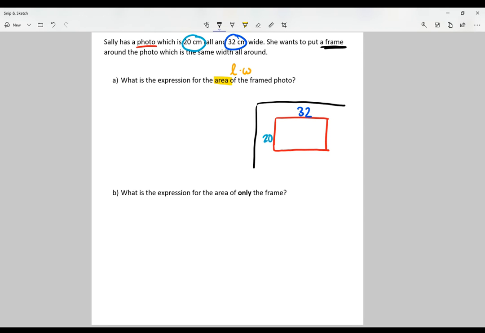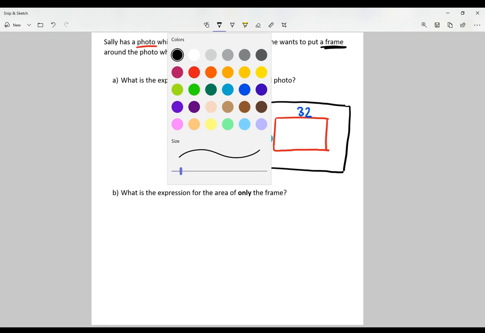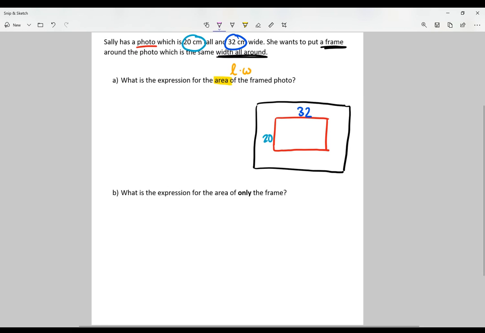So here's a diagram with the frame. And it's the same width all around. So we need to find the area of the entire thing. We need some information that we do not yet have, right?